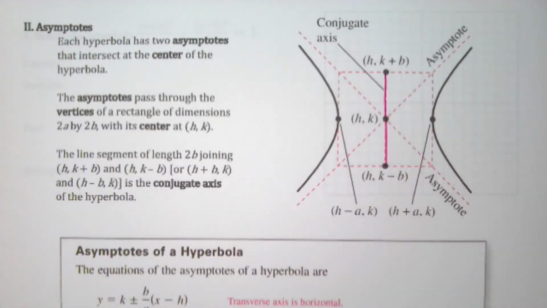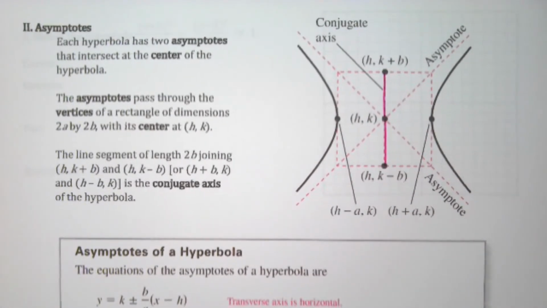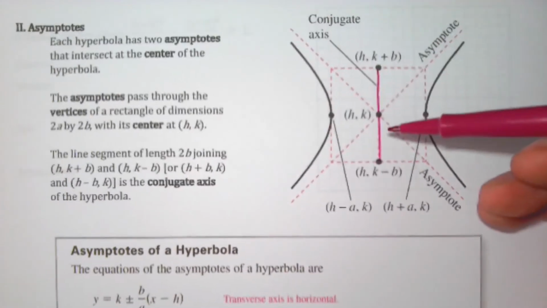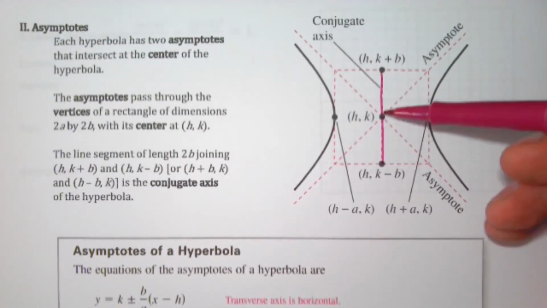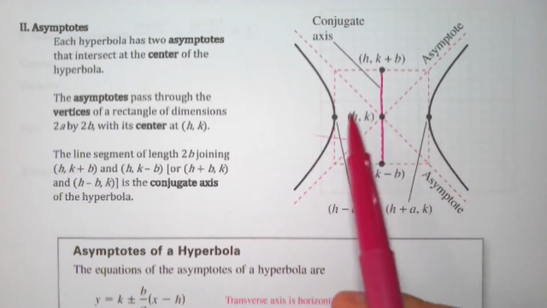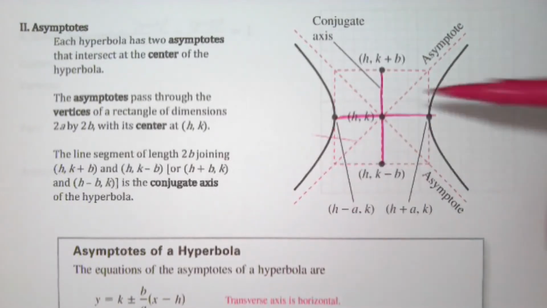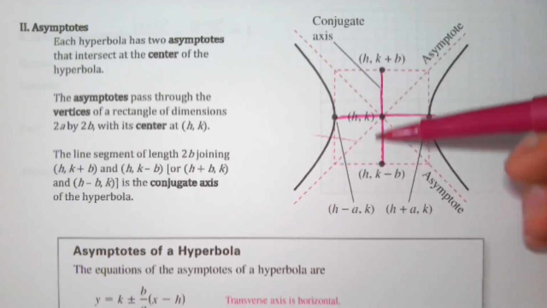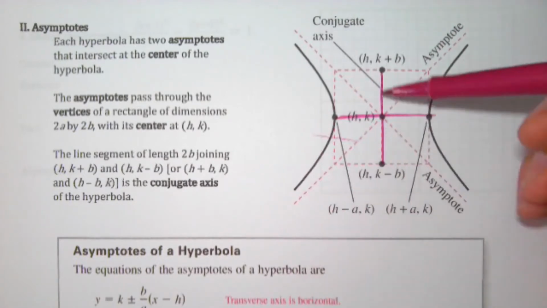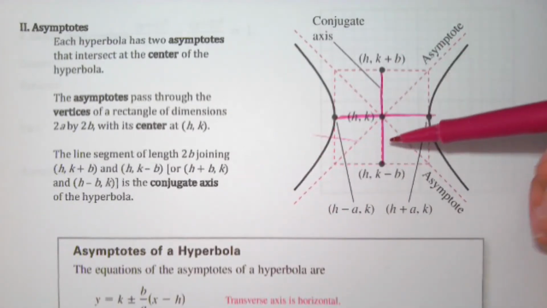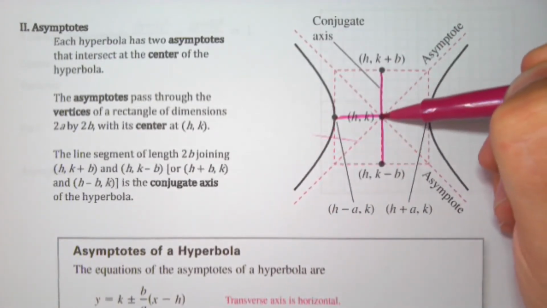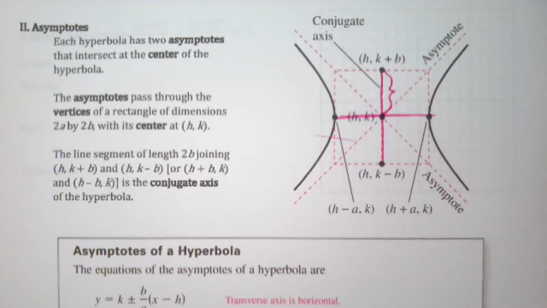So that B term that we've been using and finding on the first 2 examples, it's the distance from the center, and if it's a horizontal transverse axis, which is the horizontal, then you get a vertical conjugate axis. And it's just the distance from the center up to this point.